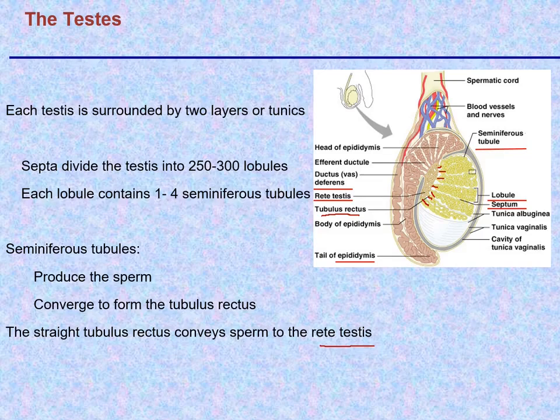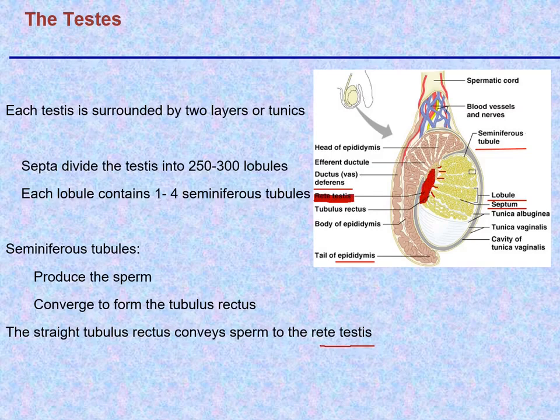Okay, let's just back off that a little bit. Yeah. So each of the seminiferous tubules in the lobule empty into the rete testis. It's here, the rete testis, which is this structure right here.